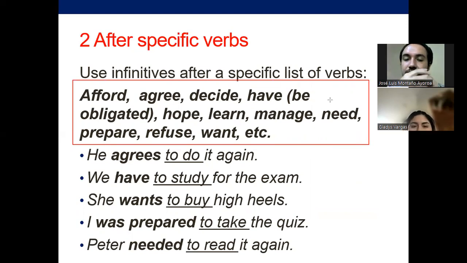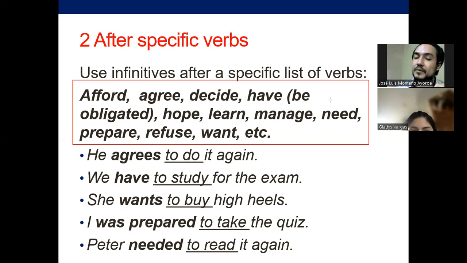Afford, agree, decide, have, be obligated, hope, learn, manage, need, prepare, refuse, want. Great. Now, after those verbs, you have to use infinitive. Okay? I mean, if you want to use a verb, it has to be in infinitive.